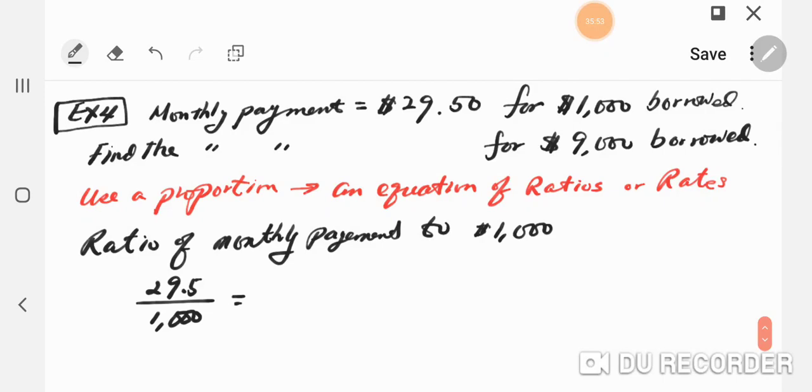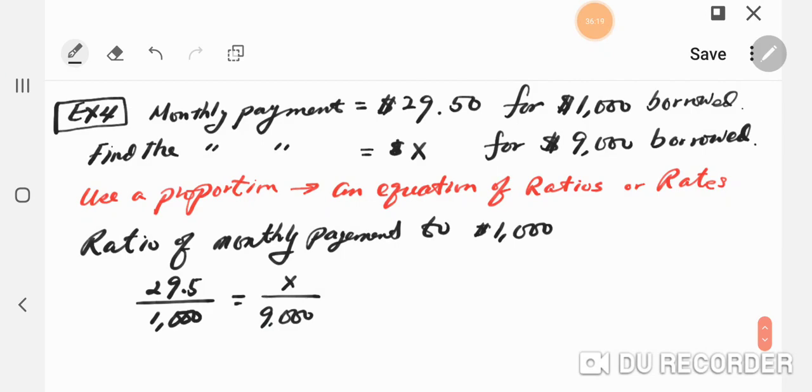And this will be equal to the ratio of the monthly payment that we are looking for to the $9,000 you borrowed. Let's say the monthly payment is X dollars for the $9,000 you borrowed. So this will be X over 9,000.